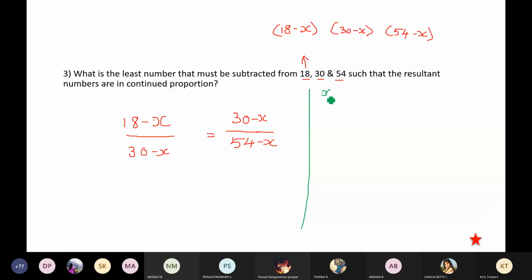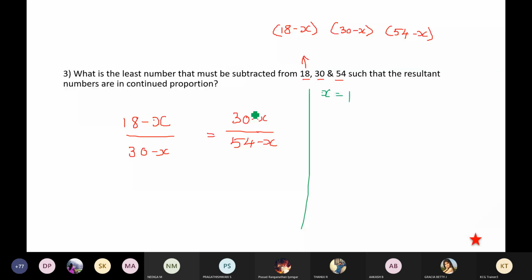Find out for which value of x LHS is equal to RHS. For x equal to 3, shall we check that?